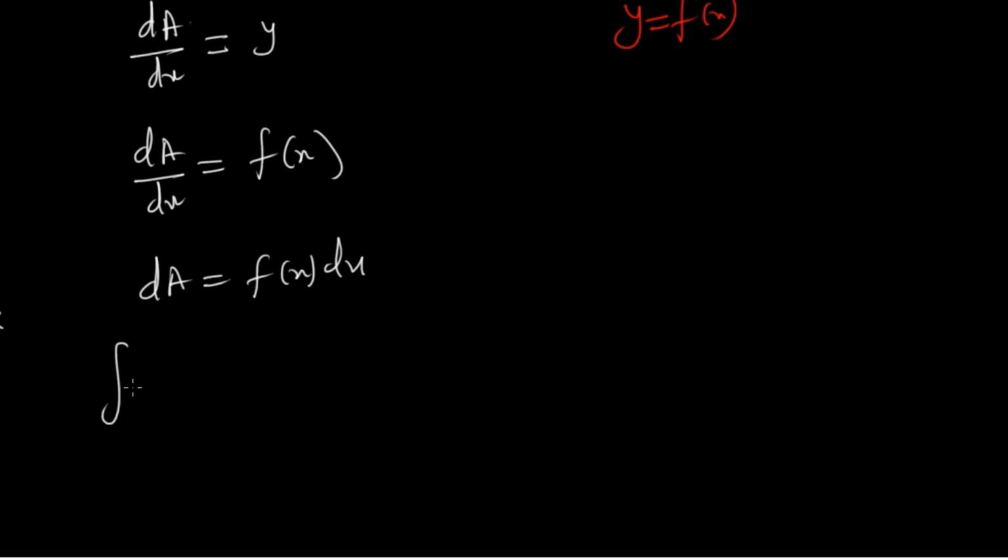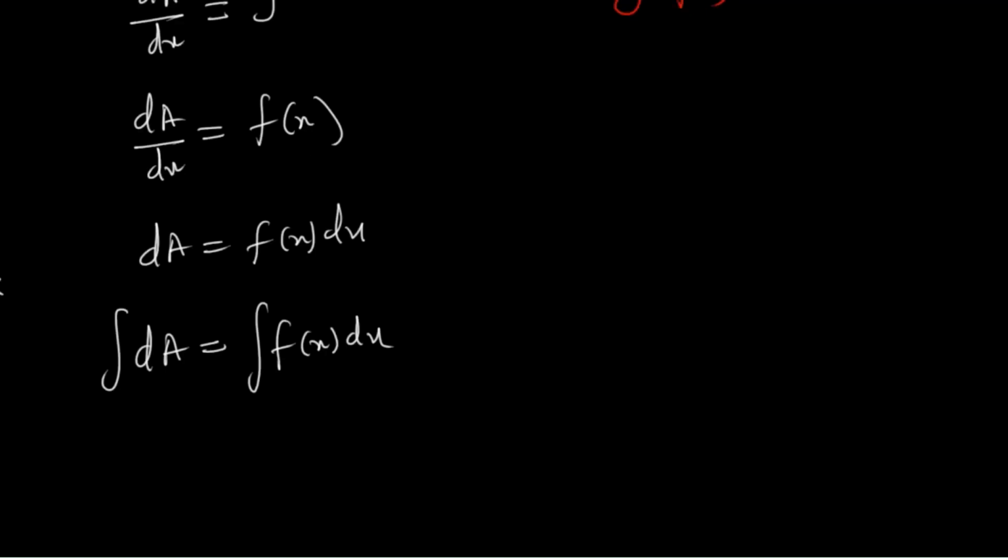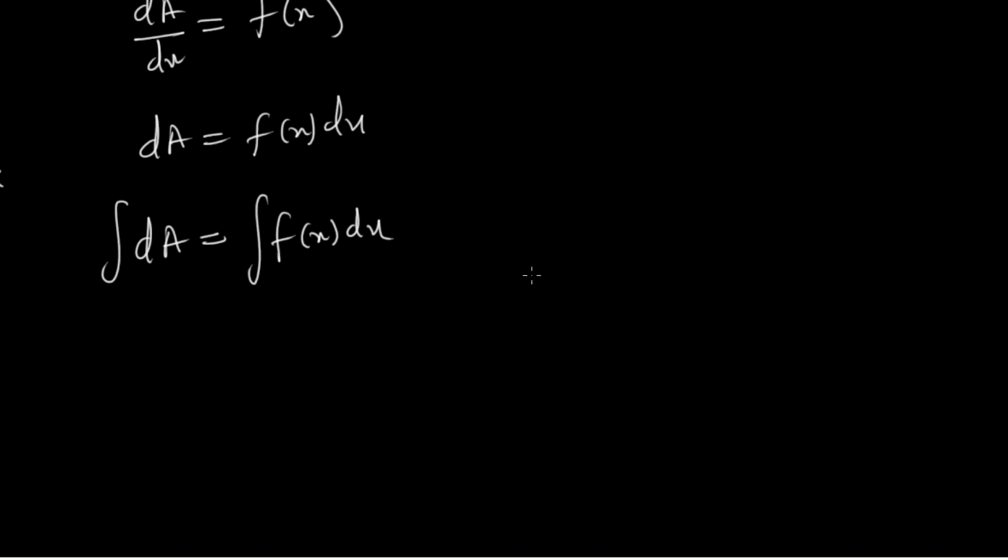So we're going to have the integral of dA equal to the integral of f of x dx. And the integral of dA equals A, so leaving this like this, I'm going to have the integral of f of x dx.